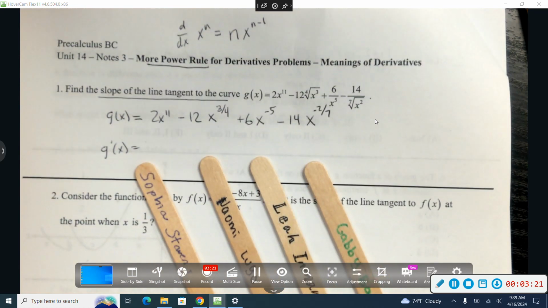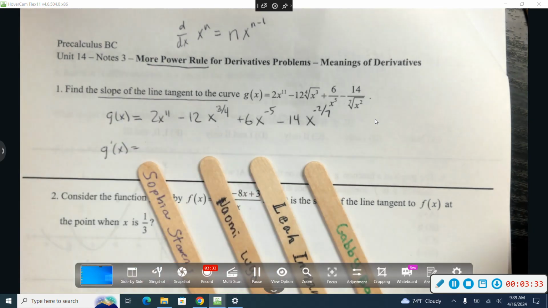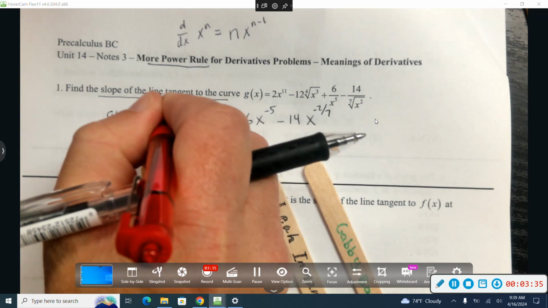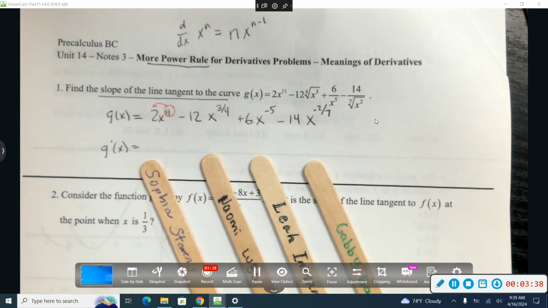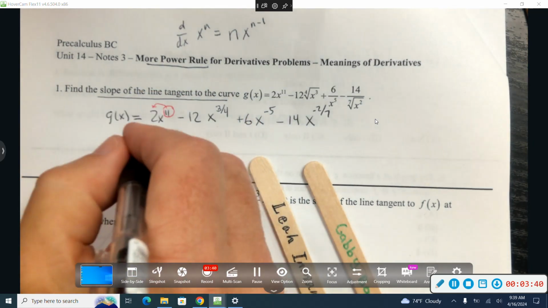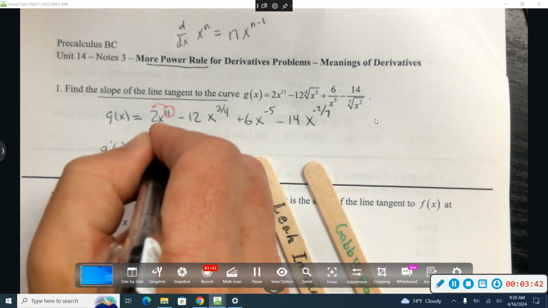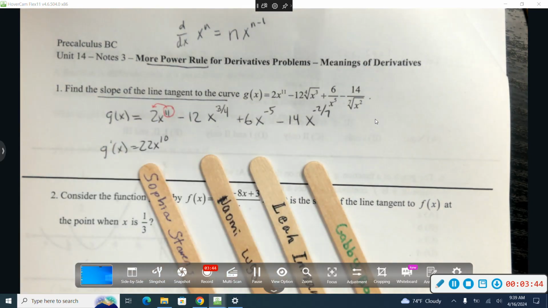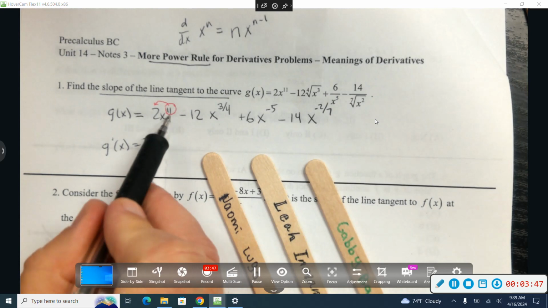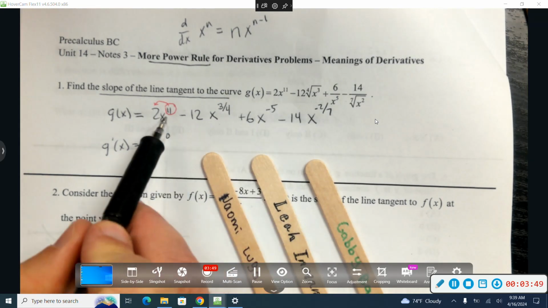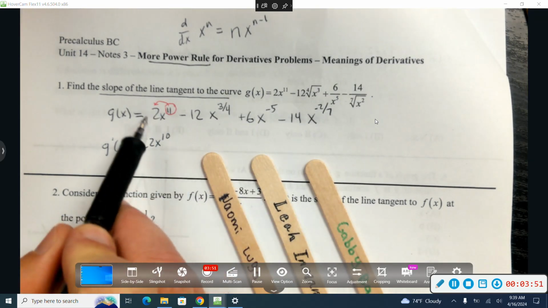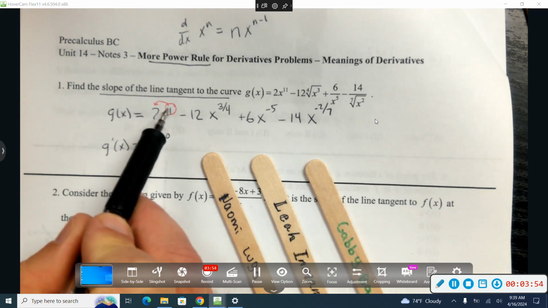How do I use the shortcut to come up with the derivative of 2x to the 11th? Yes. Do you know where that comes from, other than Emma? I know you subtract the power by 1. So, yes, that's sort of the second step. The first step is take that exponent, multiply it to the front, and then decrease the power by 1.